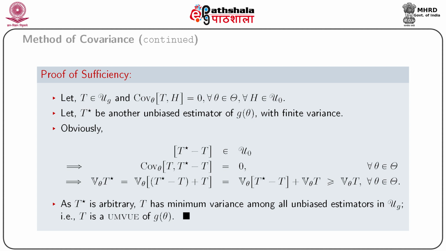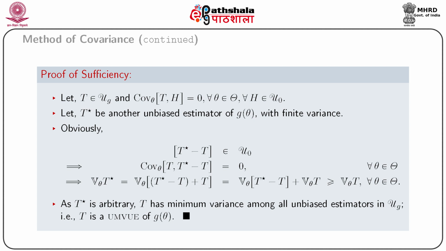Let T star be another unbiased estimator of g theta. Let us define h star equals T star minus T. Then expectation of h star equals expectation of T star minus expectation of T, which equals 0 for all theta, which implies that h star belongs to U naught.